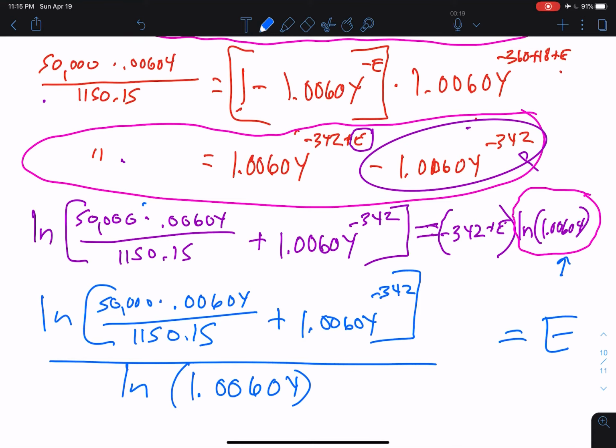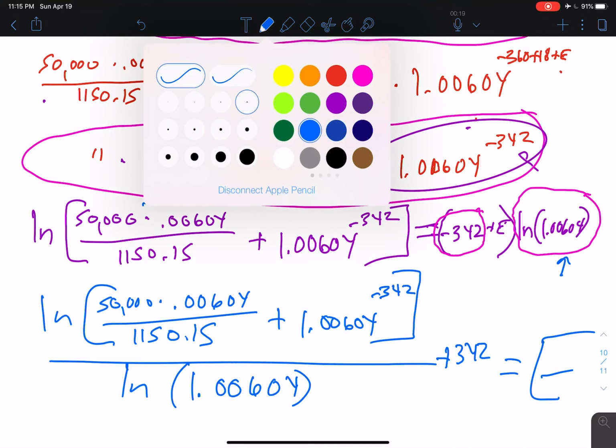And then, of course, I have to add this. Going back to pink for a second, it's minus 342, so I have to add 342 to both sides, right? So I just say plus 342, and that equals E. I'll make that a little more clear for you. All this equals E.